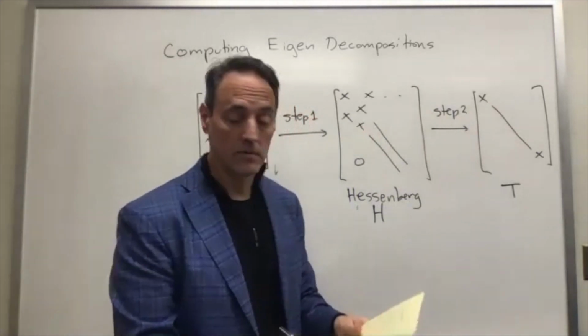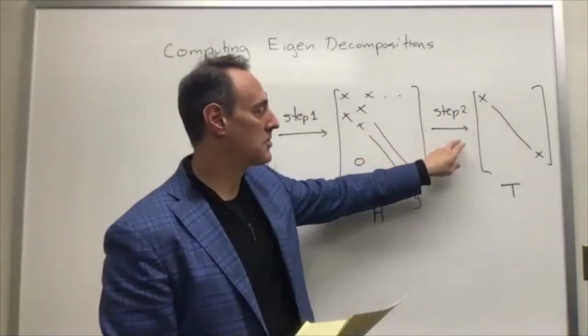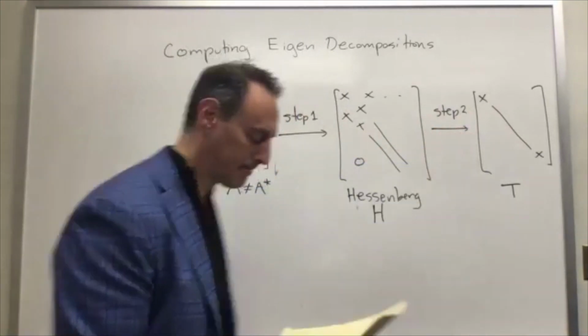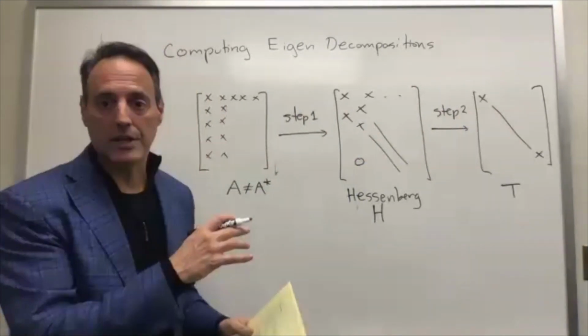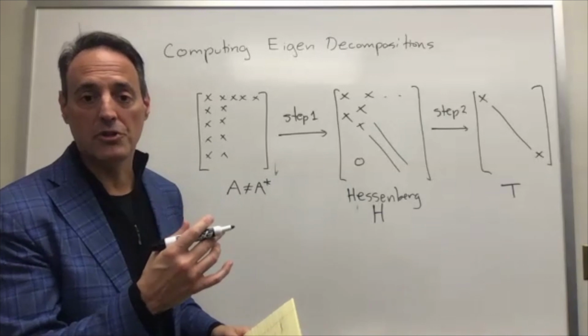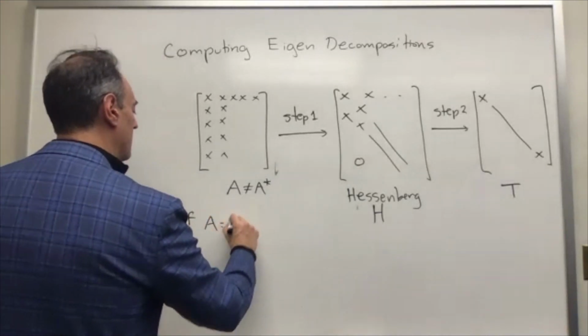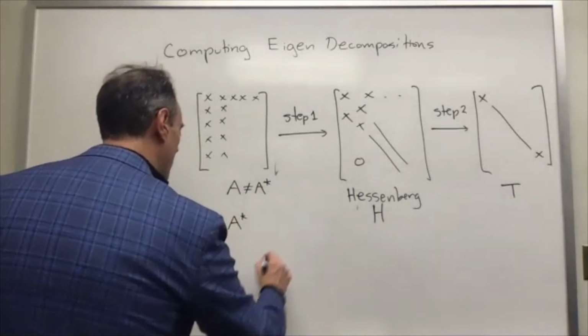The state-of-the-art methods for doing this are pretty fancy and pretty nice. By the way, let's redraw this figure, assuming that A is Hermitian. What happens if A is equal to A star? Well, we have the same starting matrix A.